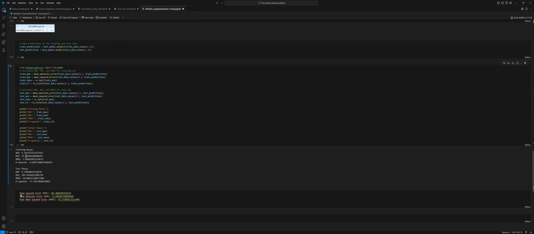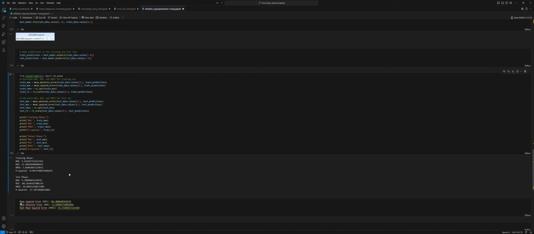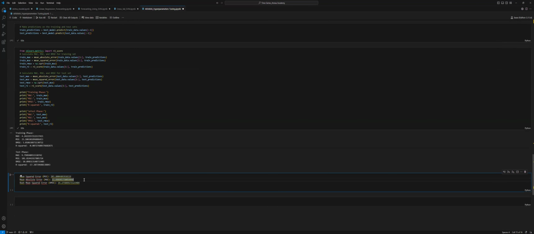For MSE, we have 25 at the training phase and 101.8 at the test phase. For root mean squared error, RMSE, we have 5 at the training phase and 10 at the test phase. And for R squared, we have minus 0.007, while the R squared value in the test phase is minus 7.378.